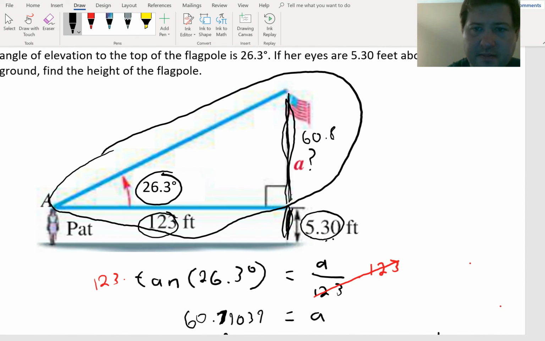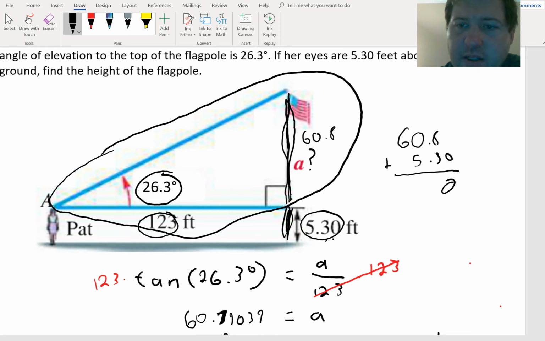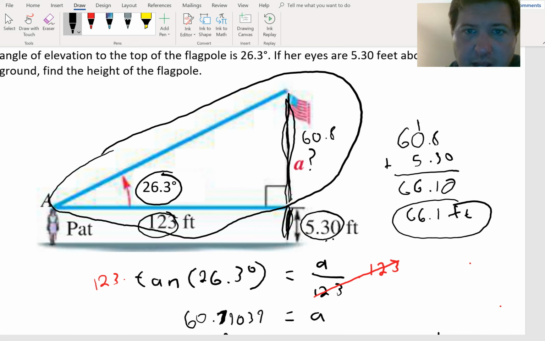So we add that, and we get 66.10. And again, we want to write that as 3 digits of just 66.1 feet. And we've done it. We found the height of the flagpole.